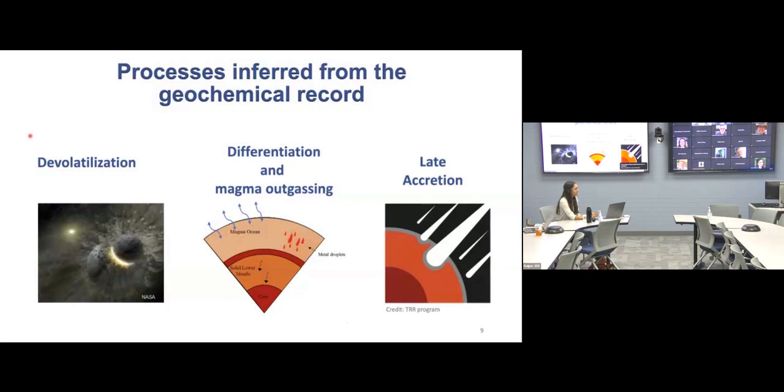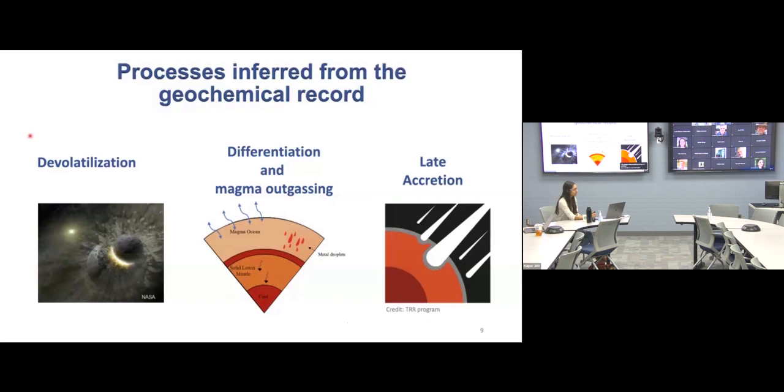And the second one is differentiation and magma outgassing. These are thought to be related to the formation of the core and the outgassing of a secondary atmosphere. And then later in Earth's history, after the core had formed, it appears as though there was a delivery of volatiles again.